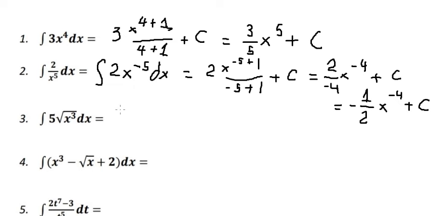Question number 3. We have the square root, so we get x to the power of 3 over 2, because the square root is just like the power of 1 over 2.